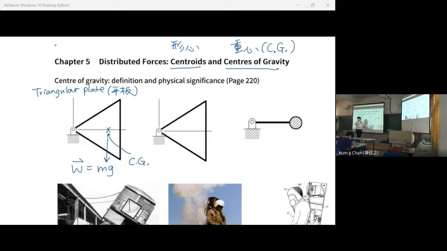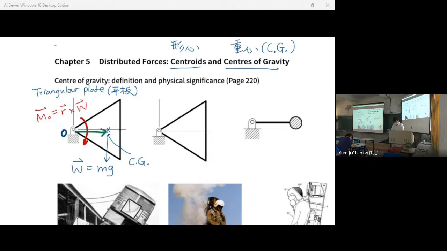We have a moment. Because it rotates, we have a moment. If this is point O, then we have MO is equal to R cross W, where R is this one.